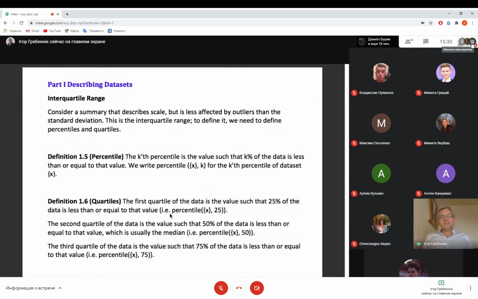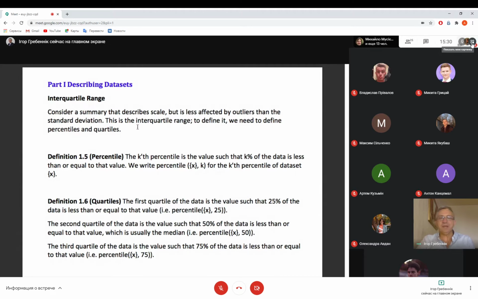Very interesting, very useful numerical characteristics, but maybe not so simple, though understandable, is entitled interquartile range.